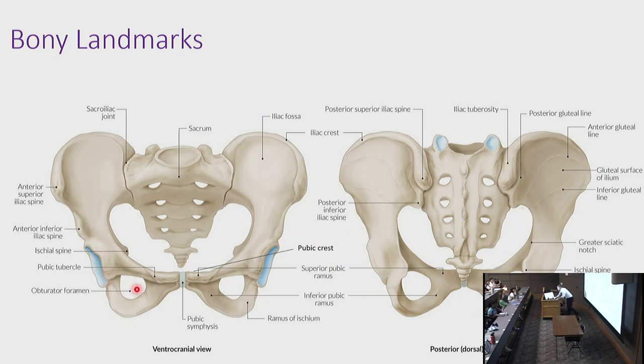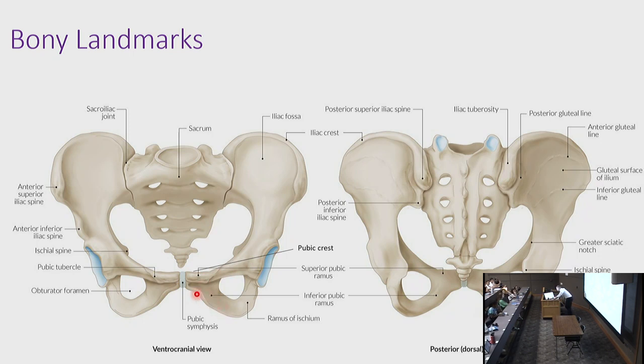Now going up to the pubis, up here in the front, we have our pubic crest coming right across. There it is labeled. Then we have these rami: a superior pubic ramus and an inferior pubic ramus. Here goes our superior pubic ramus, and the inferior pubic ramus here.